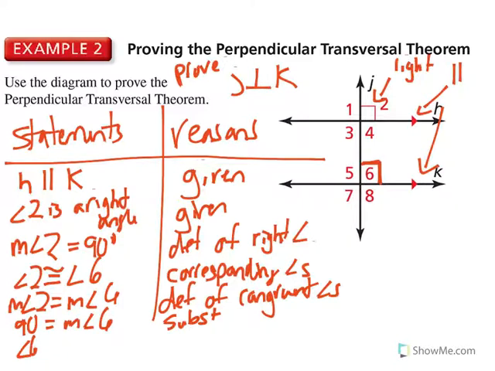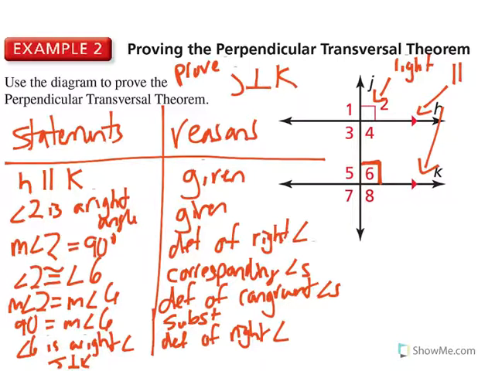I just need that angle 6 is a right angle. And that would be definition of right angles. And if angle 6 is a right angle, then we would know that J is perpendicular to K based on the definition of perpendicular.